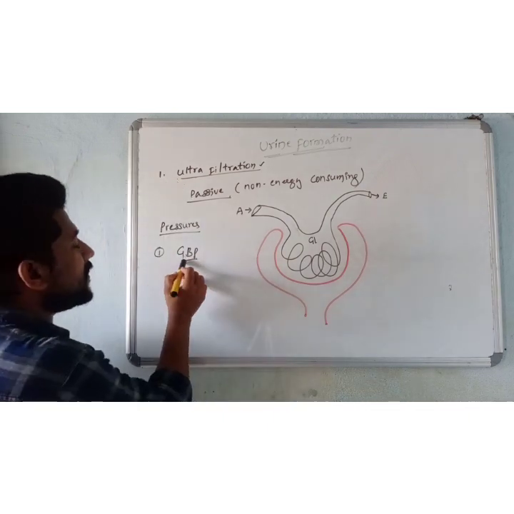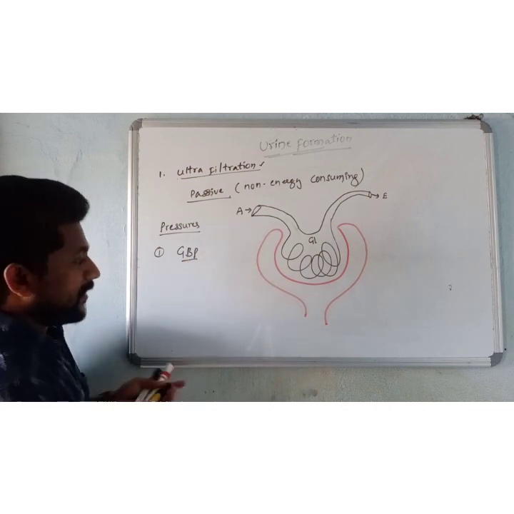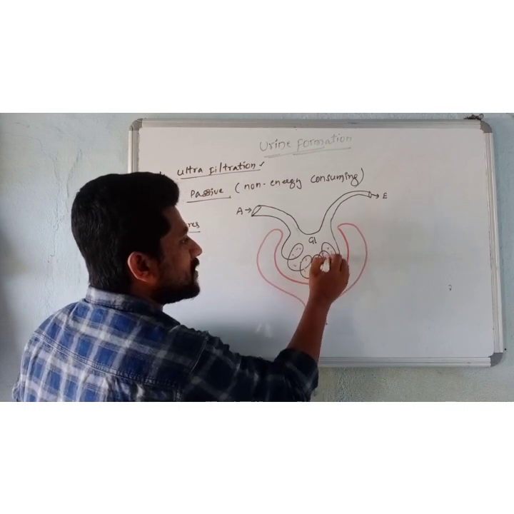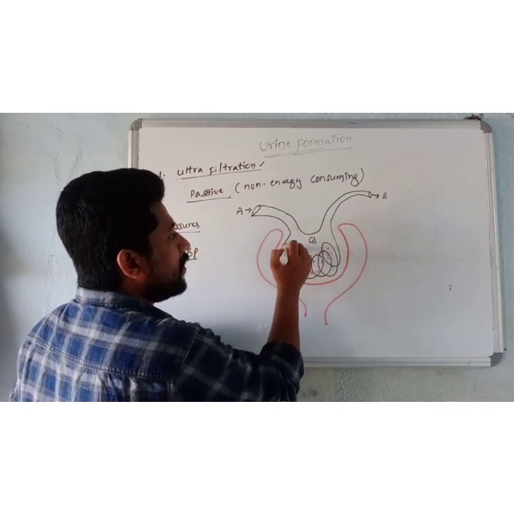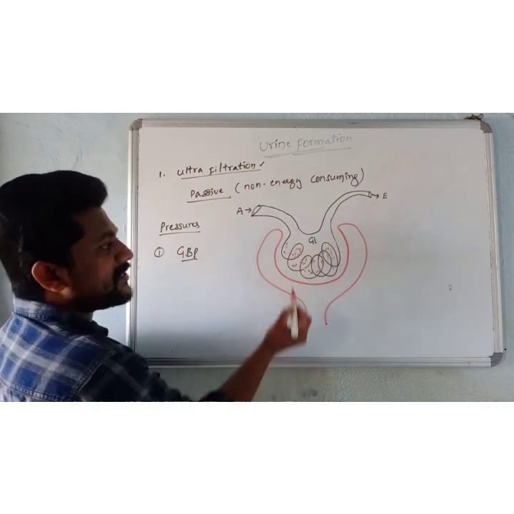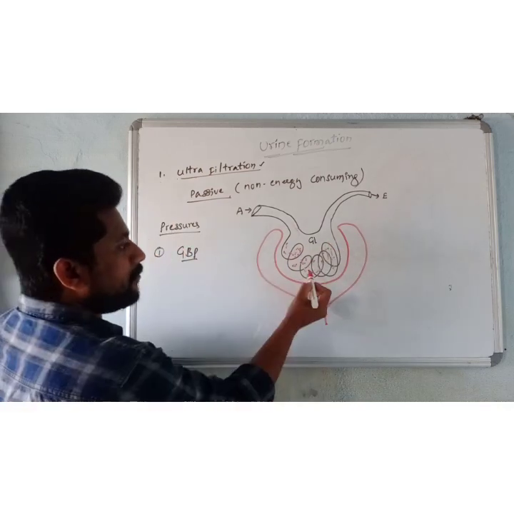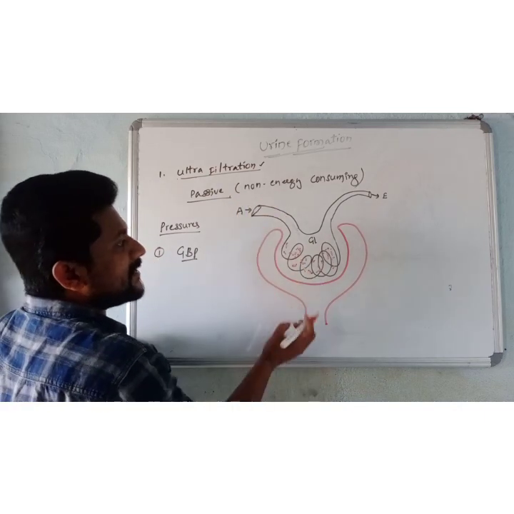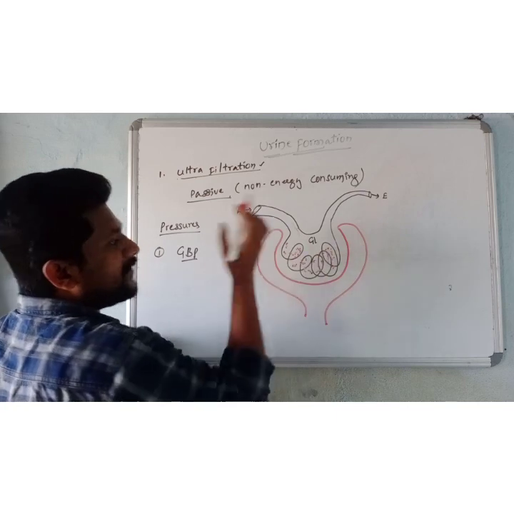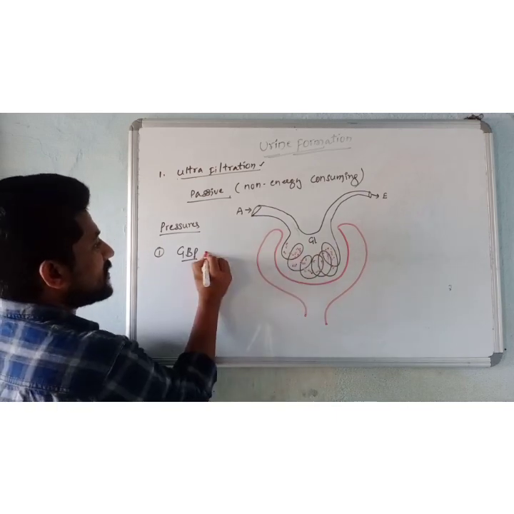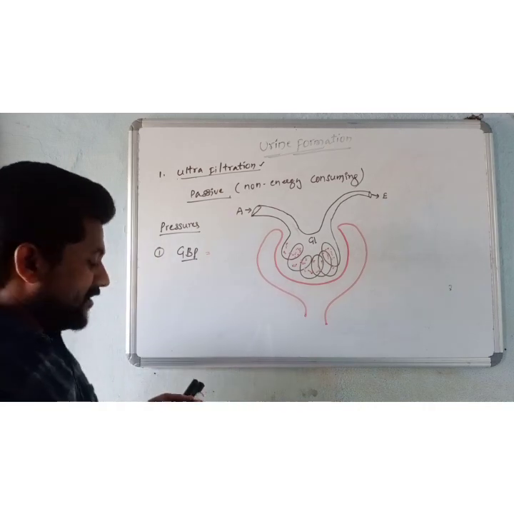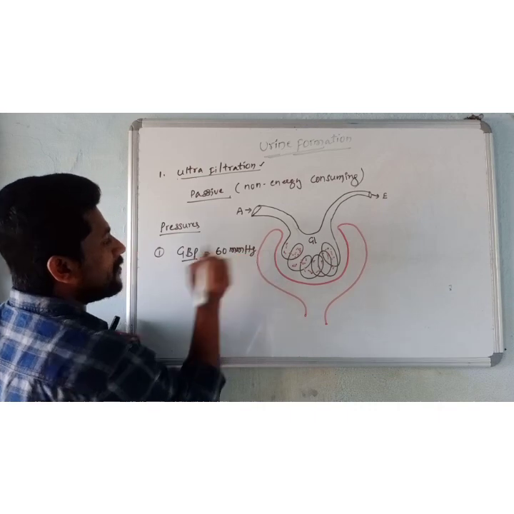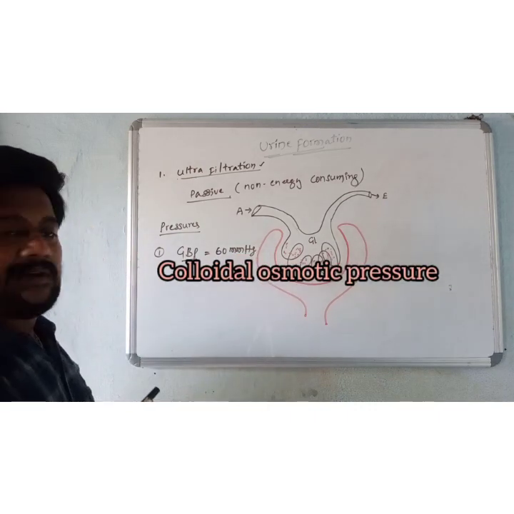In the capillaries of the glomerulus, the pressure exerted by the blood on the walls of the capillary is known as glomerular blood pressure, which is nearly 60 mm of mercury.